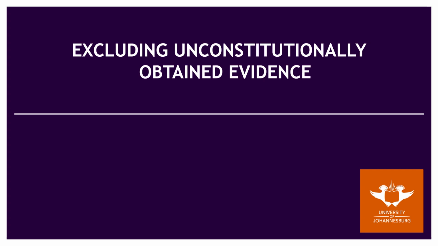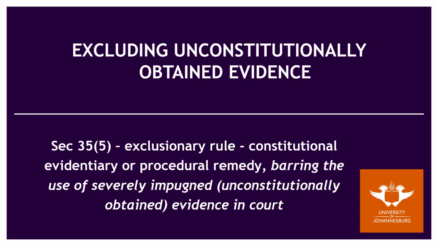Now, the exclusion of unconstitutionally obtained evidence is regulated by Section 35(5) of the Constitution, also referred to as the exclusionary rule. The idea here is to provide a constitutional evidentiary or procedural remedy for an infringement of rights.